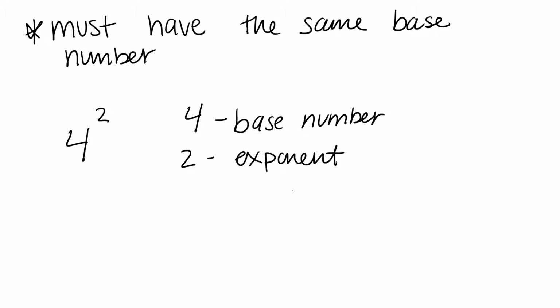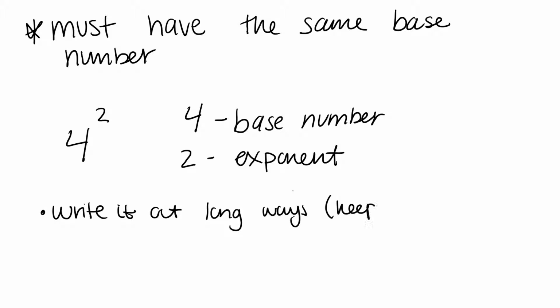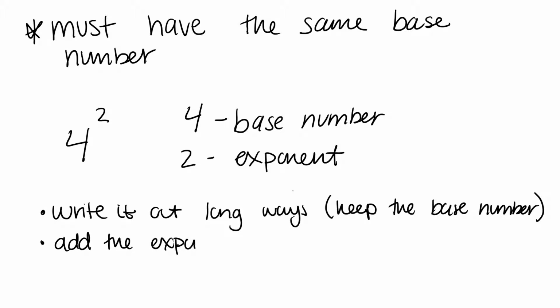One method of solving the problem is to write it out long ways, while still keeping the base number the same. A shortcut would be to add the exponents, again keeping the base number the same.